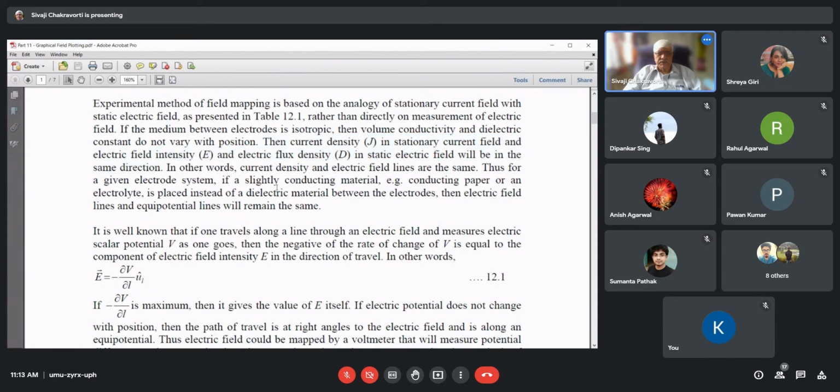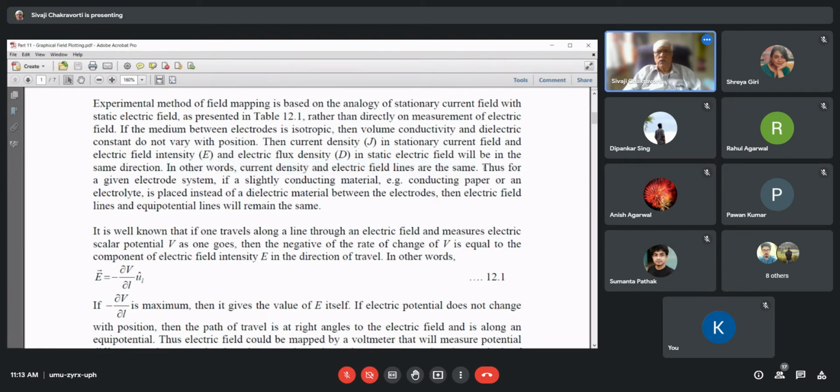In other words, what I am trying to mean is that the current density and the electric field lines will be along the same direction. That comes from the analogy.